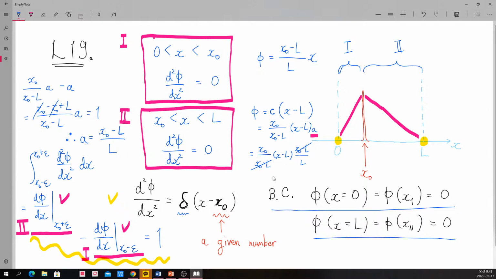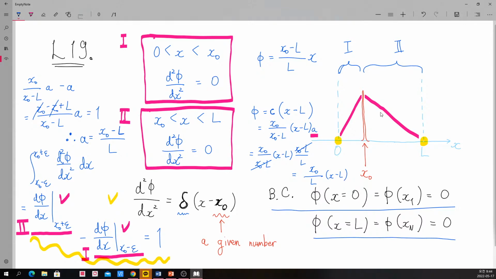So our solution now becomes L here, x naught here, x minus L. That is the value of our phi.